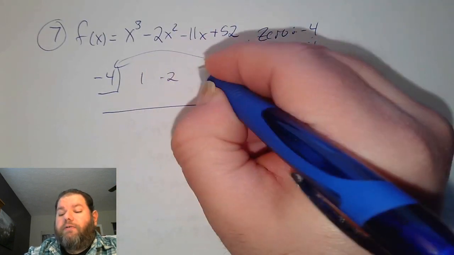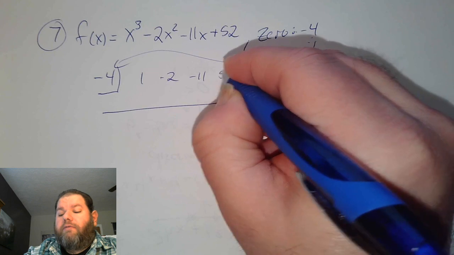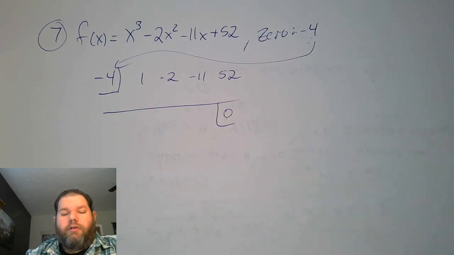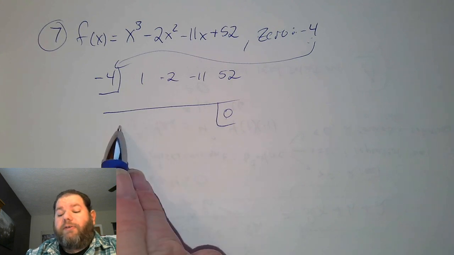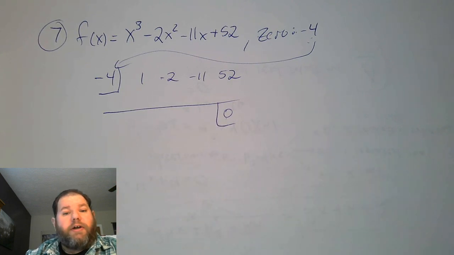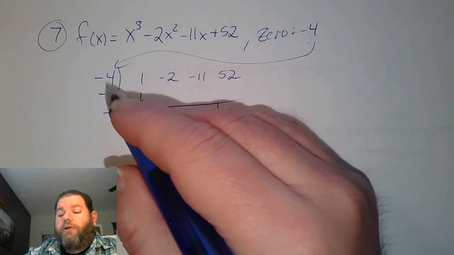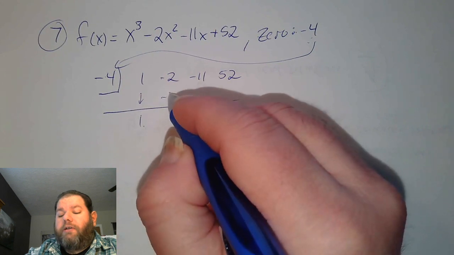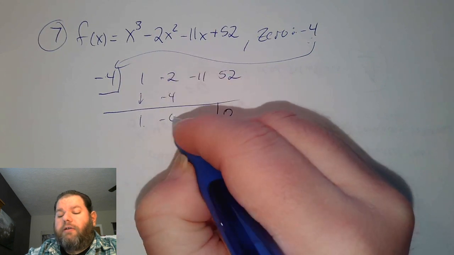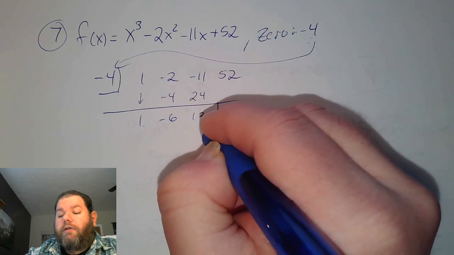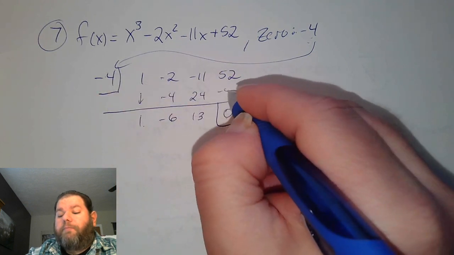1, -2, -11, 52. Now this should give us a 0 right here. What we're interested in is what's next to the 0 to help us find the other solutions. Okay, so we go through synthetic division, bring down the 1, multiply, add, multiply, add, and multiply.